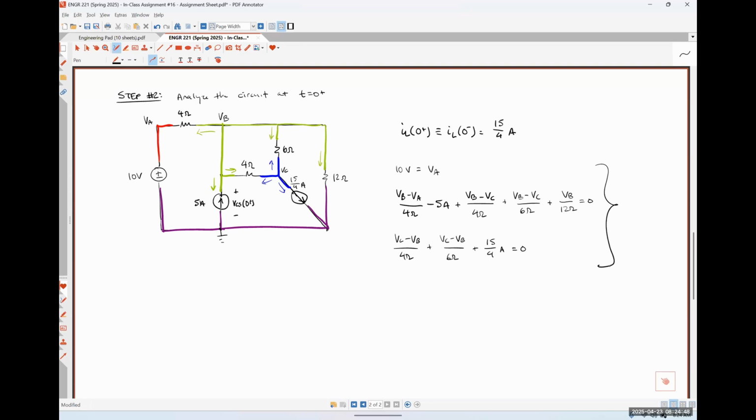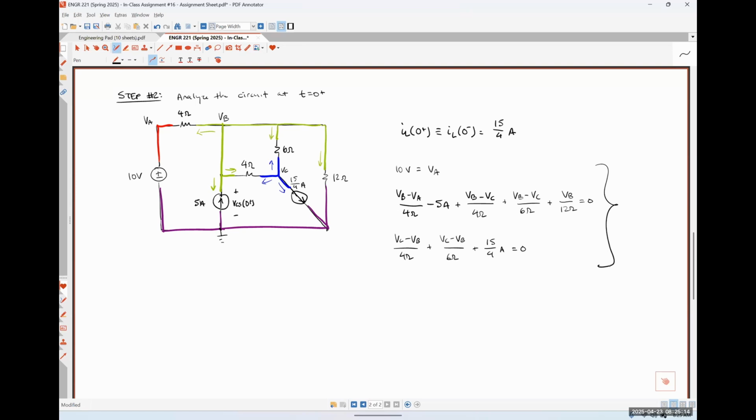My coefficient for VB is positive 1 over 4, plus another 1 over 4, plus 1 over 6, plus 1 over 12. And then my coefficient for VC is negative 1 over 4, minus 1 over 6. And my constant term will be positive 5.